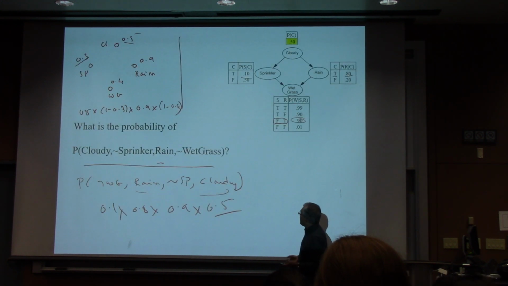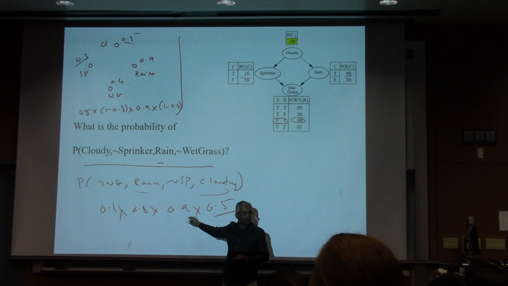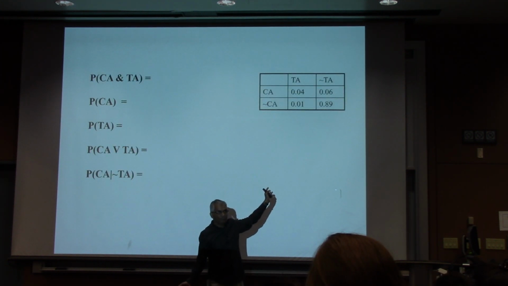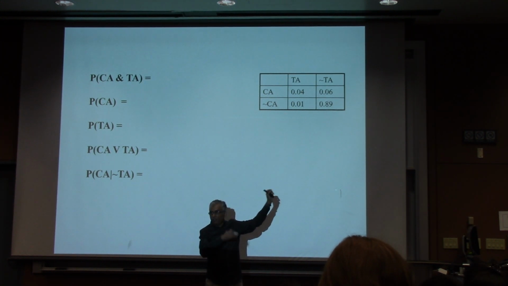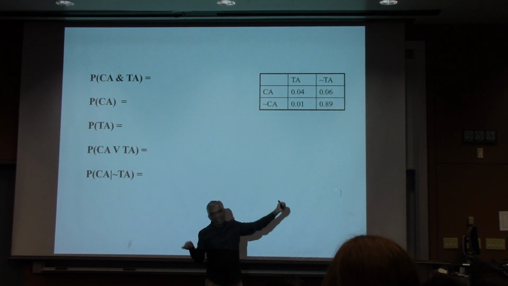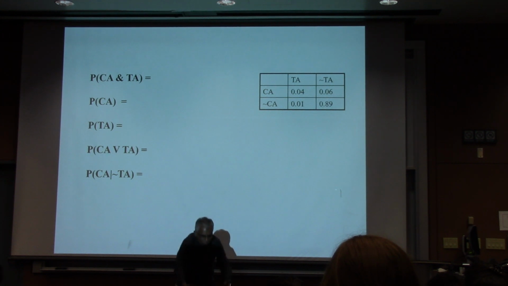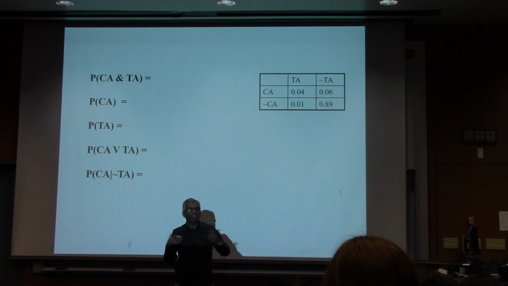The point is, I told you how you can go from the network to the joint distribution, and if you know the joint distribution, you can answer any questions about these variables. I want to check that you really believe this. The question then is, can you answer these questions without completely enumerating the joint distribution? That is going to be the efficiency of inference.